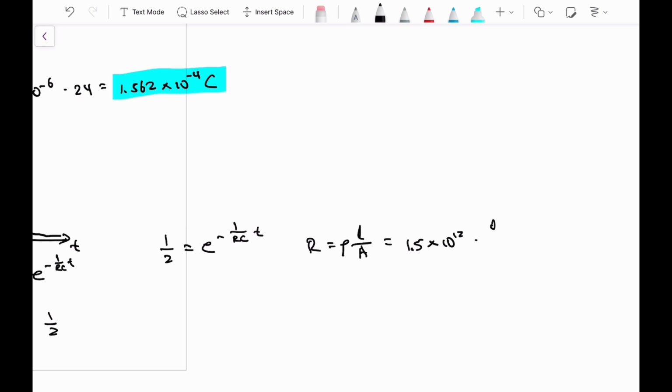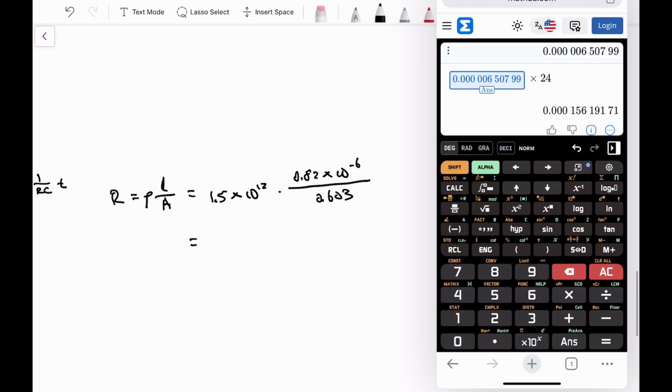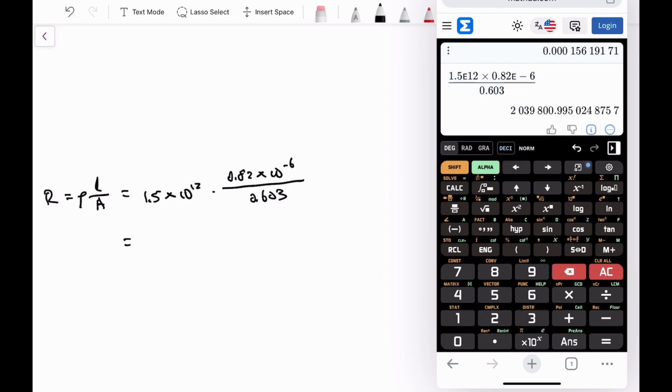The length is 0.8 times 10 to the minus 6, as in micrometers, and the area is 0.603. So the resistance will be equal to 1.5 times 10 to the 12 times 0.8 times 10 to the minus 6, over 0.603, and that will be equal to 2.04 times 10 to the power of 6 ohms.